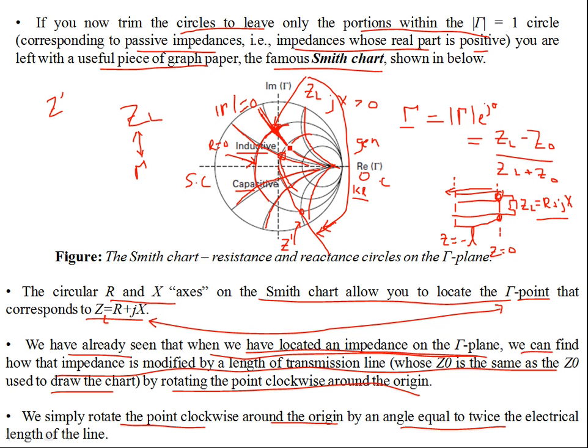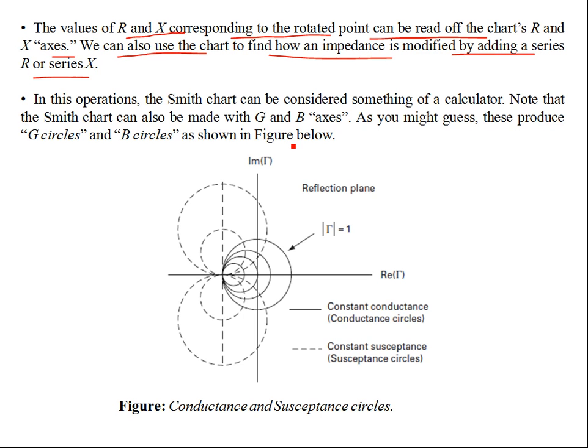For example, we move along like this. You have to go to another resistance circle that indicates the higher series resistance that we are going to add. So in this operation, the Smith chart can be considered something of a calculator.